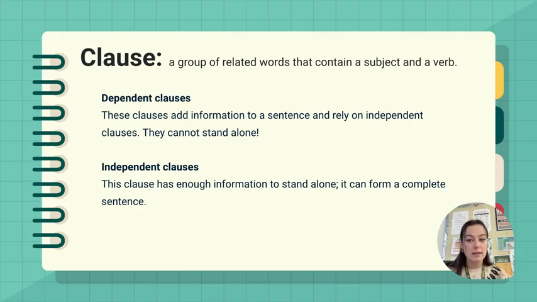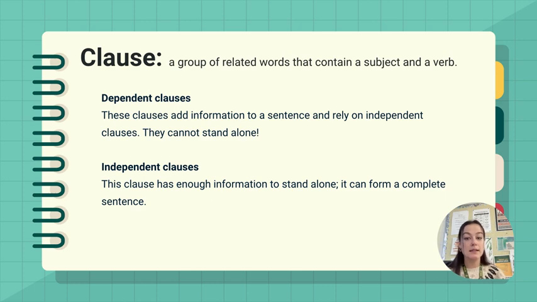So dependent clauses, they add information to a sentence, and they're a group of words that are typically important, right? But they cannot be a full-on sentence on their own. They cannot stand alone. They depend on further information. They depend on more words. Whereas independent clauses are clauses that have enough information to stand completely on their own.